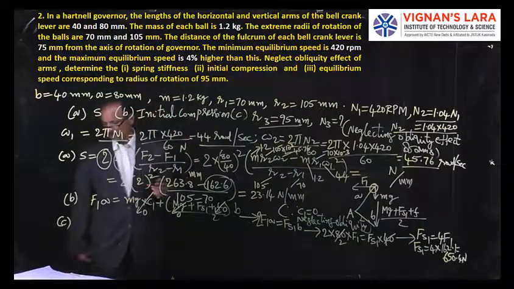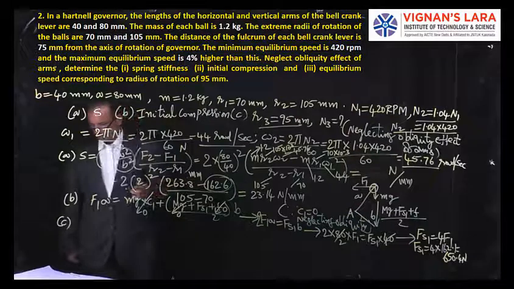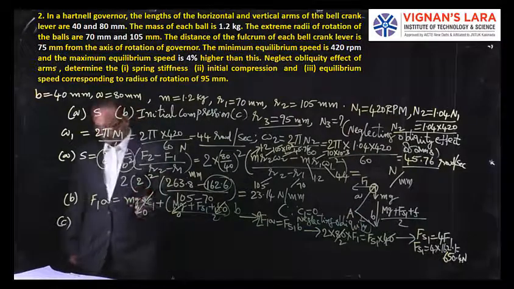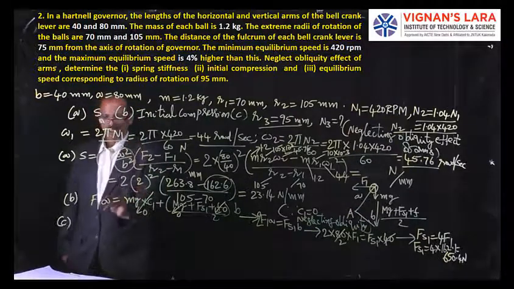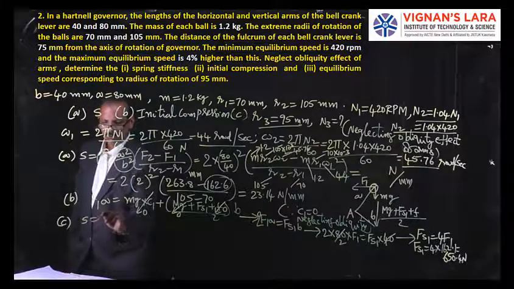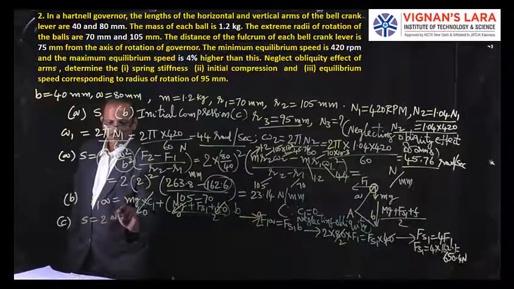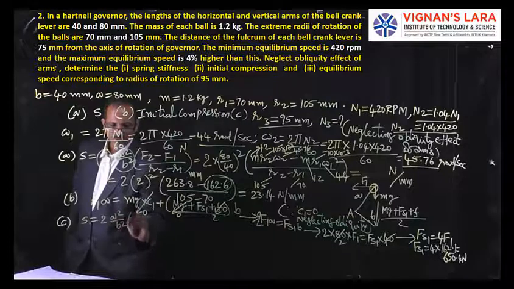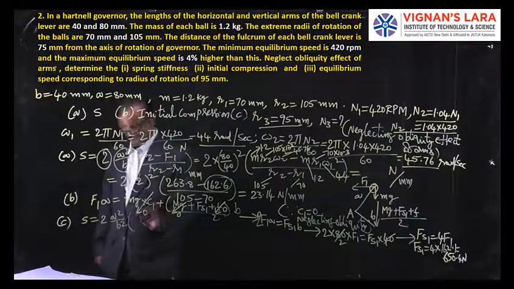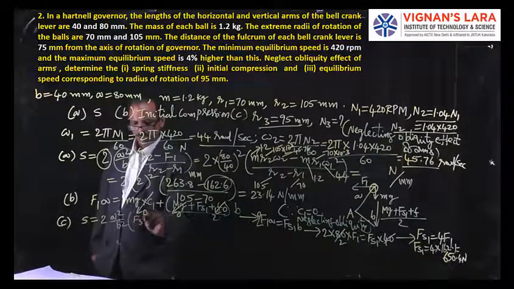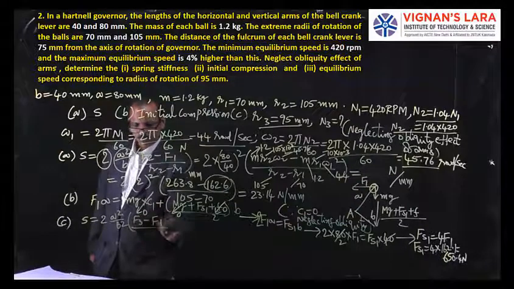To get N3, first let me write the basic fundamental equation: S is equal to 2a square by b square into F3 minus F1 by R3 minus R1.